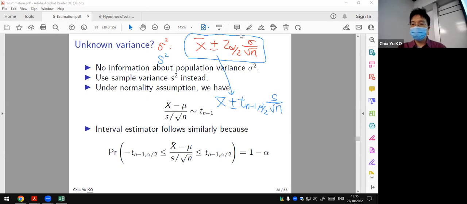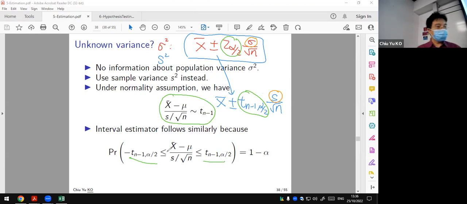The only difference is that we replace sigma by S, and we replace this Z by this T. The idea is the same, because now we have a T. The same proof will follow. I'm not going to repeat it because it's the same thing.